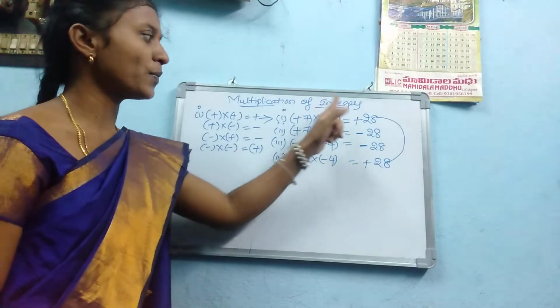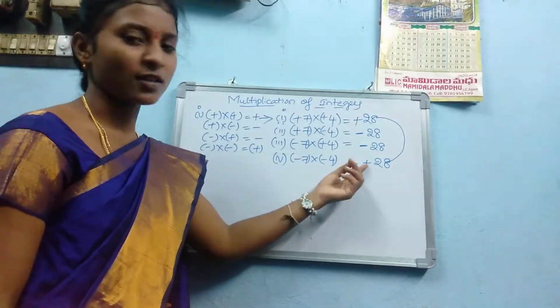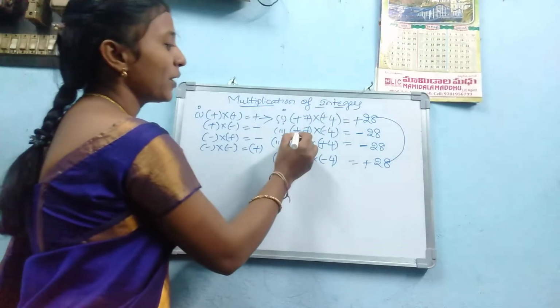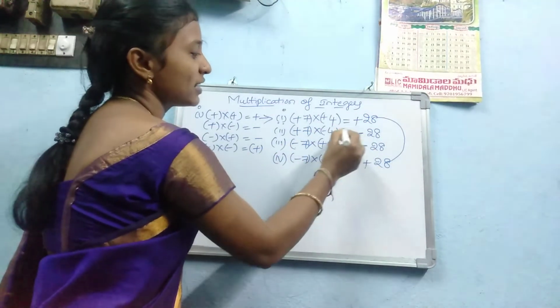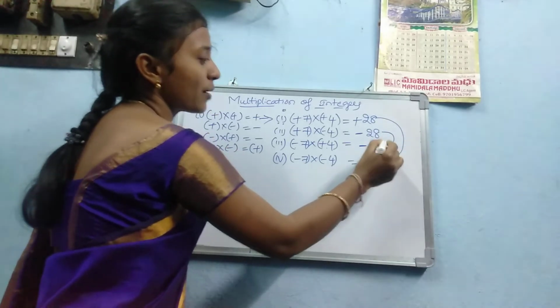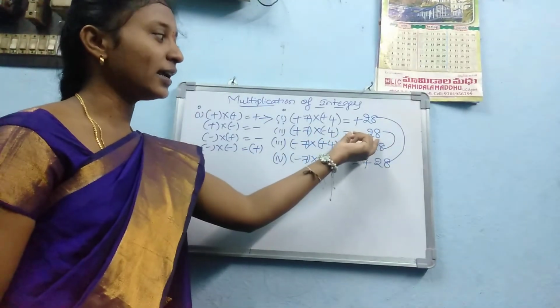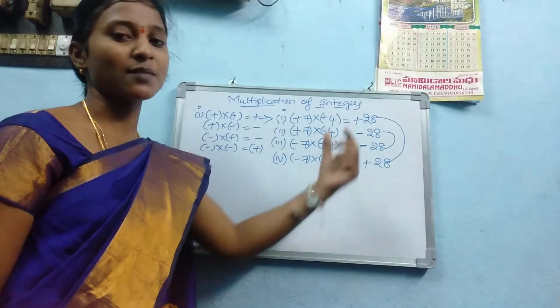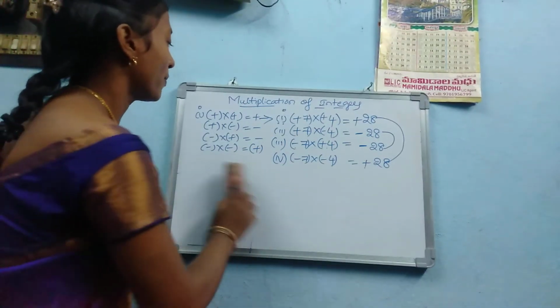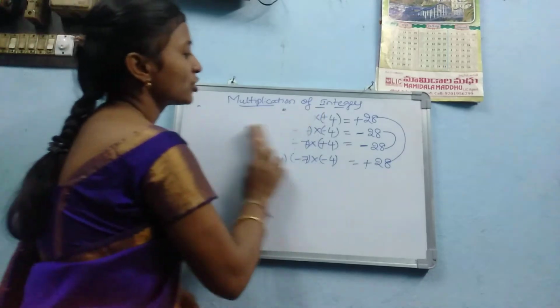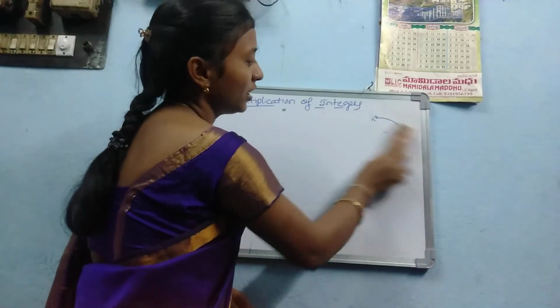Plus into plus is plus, and minus into minus is also plus. If plus into minus is minus, and minus into plus is minus, in these two laws the answer has the same number and the same symbol.